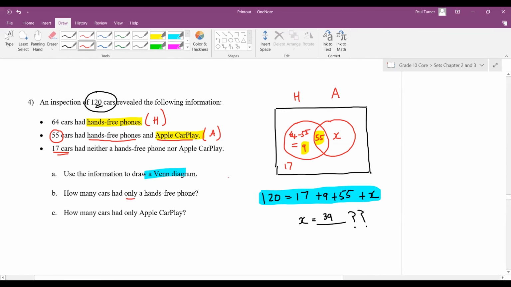Well, that was 9. How many cars had only Apple CarPlay? So that was X, and X was 39 here. Okay, so is that one all right? Any problems?